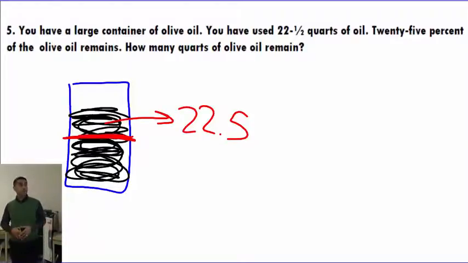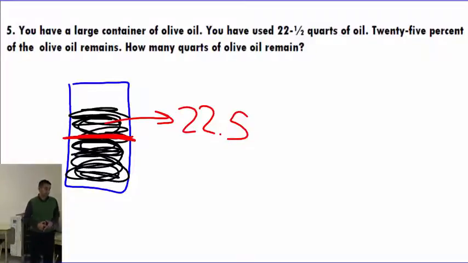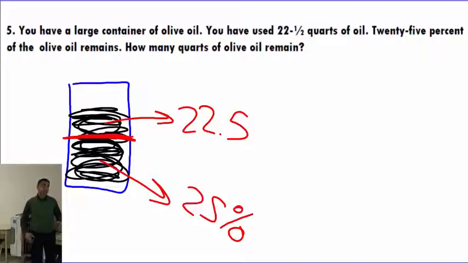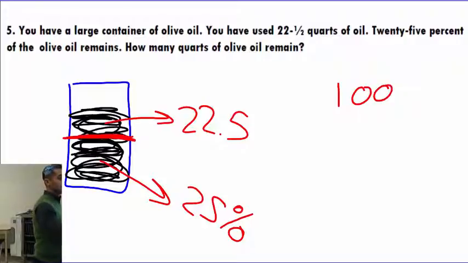And let's keep reading. 25% of the olive oil remains. So the remaining part, this part is actually 25%. Meaning I actually used the rest of the percent, which is 100 minus 25, which is 75.